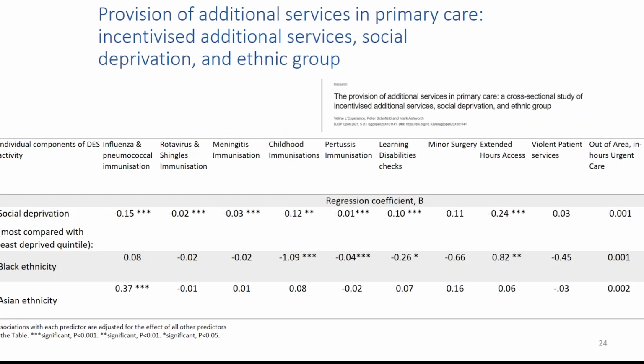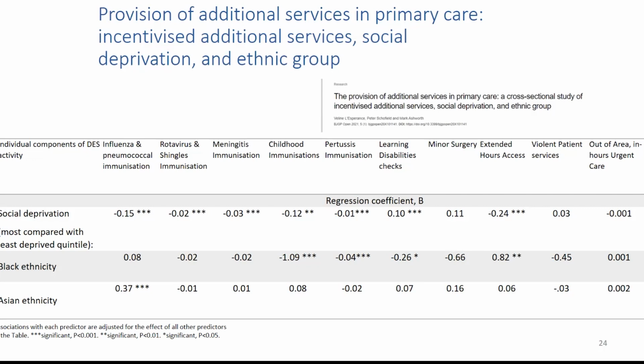Further modeling of the demographic and practice determinants was conducted for the individual components of activity. So we looked at each of the different DESs. And as you can see, social deprivation was associated with lower DES activity across each of the different domains, except minor surgery and violent patients, which were significantly associated, rather.